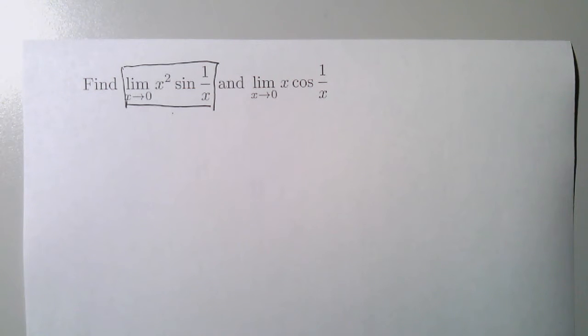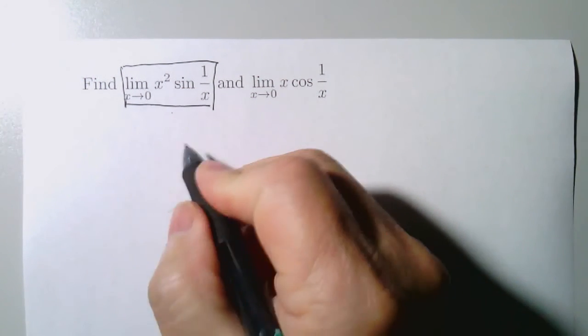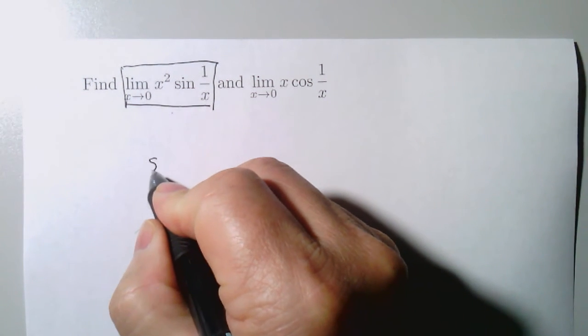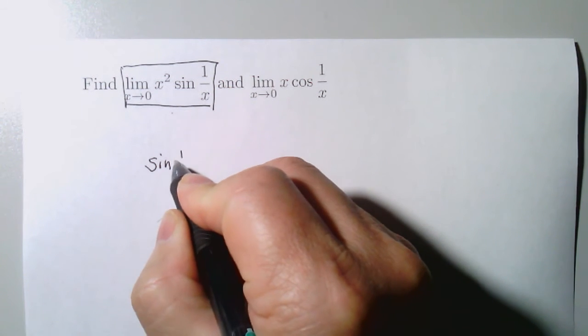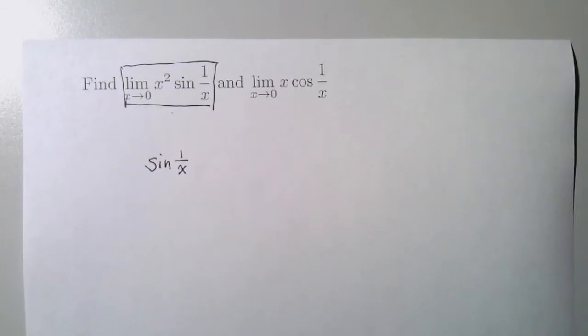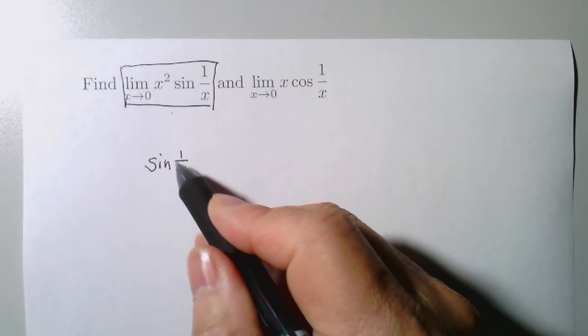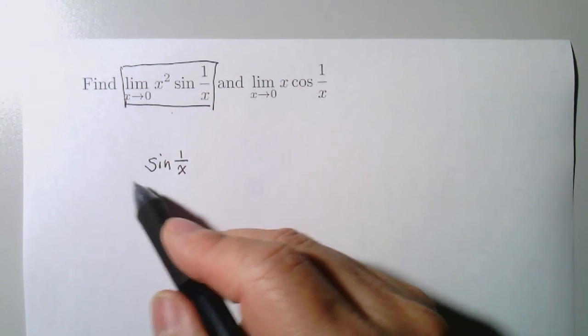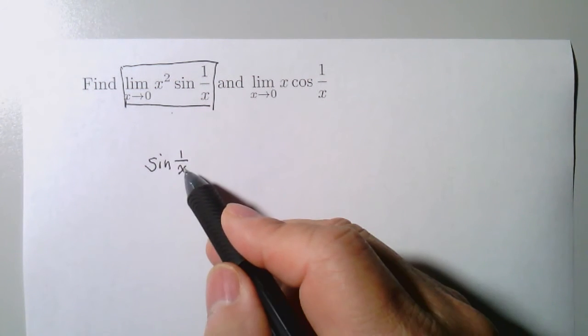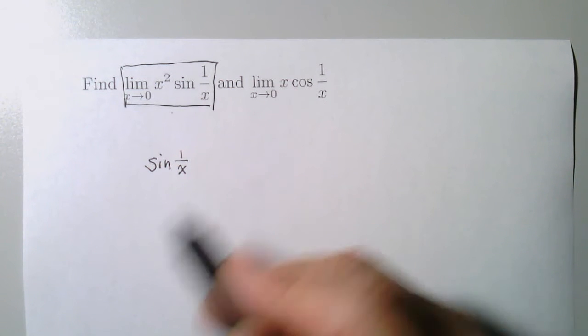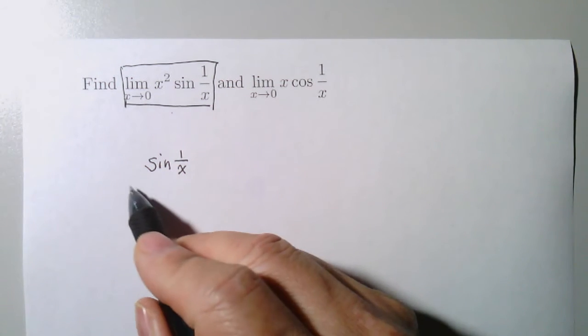Okay. So first, here we have sine 1 over x. Because we know the sine function, it doesn't matter what the argument looks like, is always between -1 and 1. Okay, from -1 to 1.